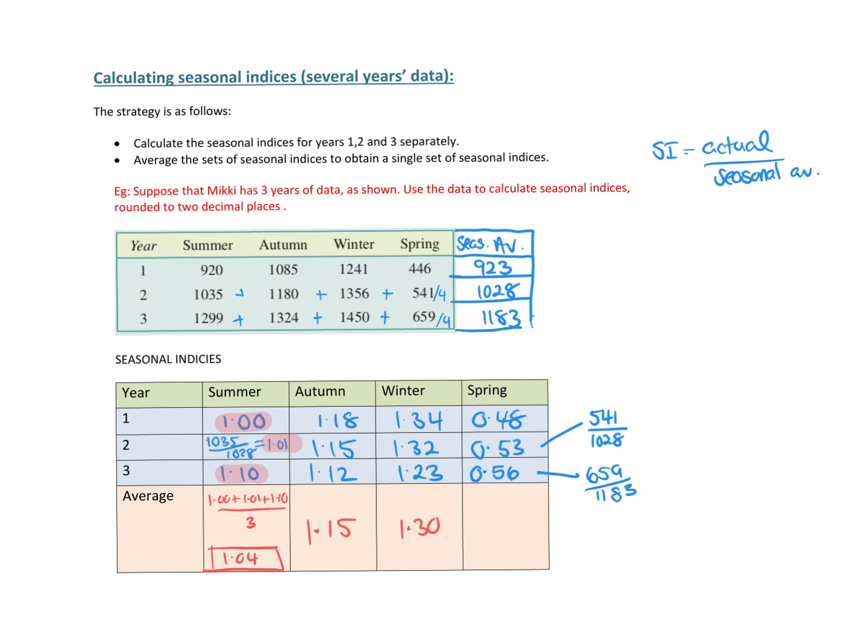Just going to do this last one. So this last one would be all spring's seasonal index added up. So there's the 3 seasonal indices for spring, and I divide it by 3, and I end up with its average is 0.52. So now I've got the overall seasonal indices for this data.